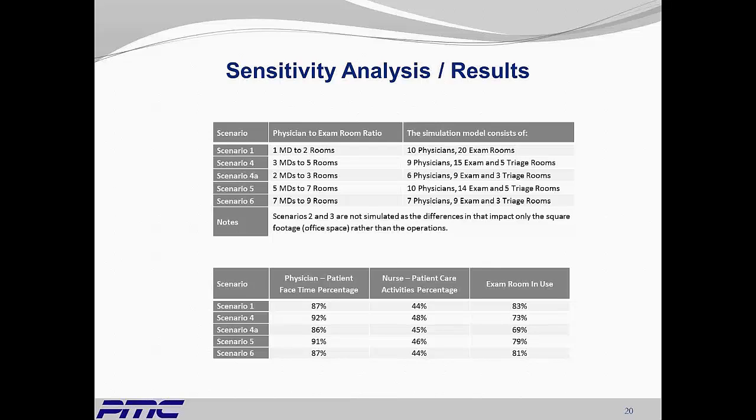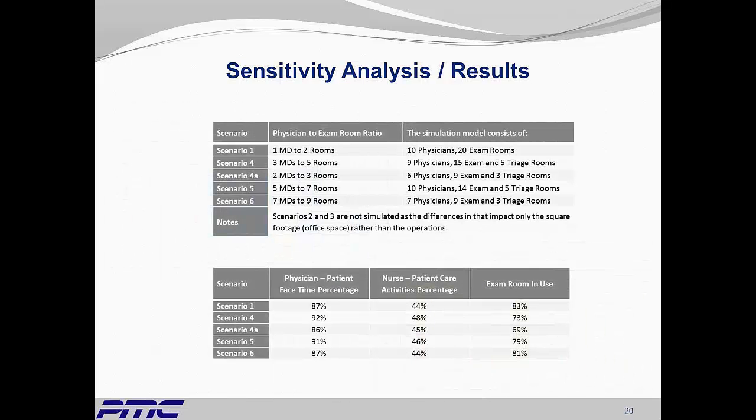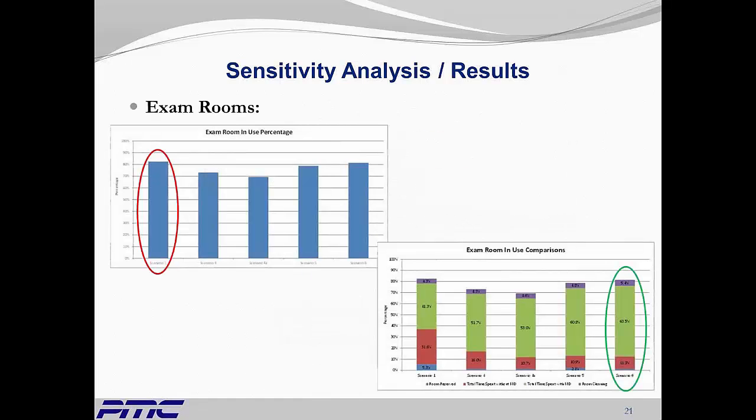The second table shows the results when it comes to physician-patient face time percentages, exam room in use. So I have a graph of that chart here when it comes to exams in the room.